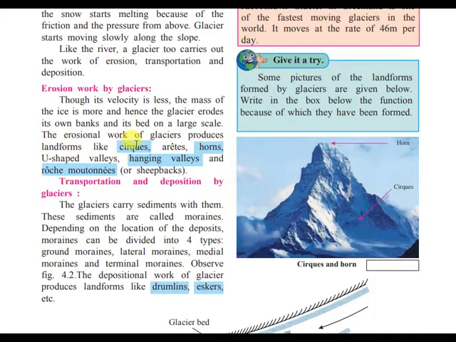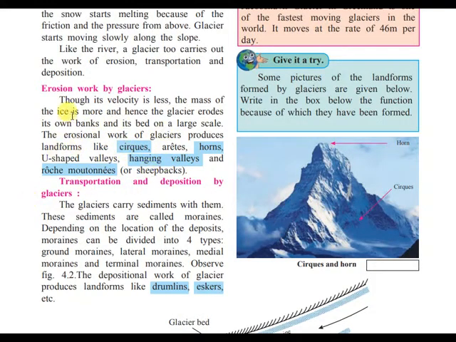The erosional work of glaciers produces landforms like cirques, arêtes, horns, U-shaped valleys, hanging valleys, and rocky mounts or sheep backs. So these are different types of landforms which are created because of such a hard mass.